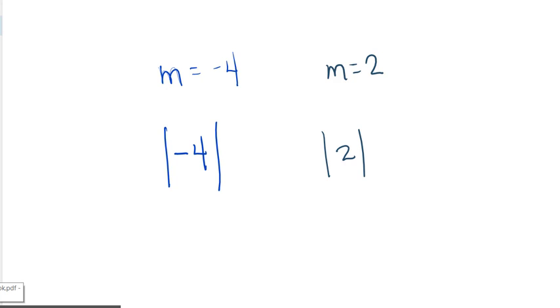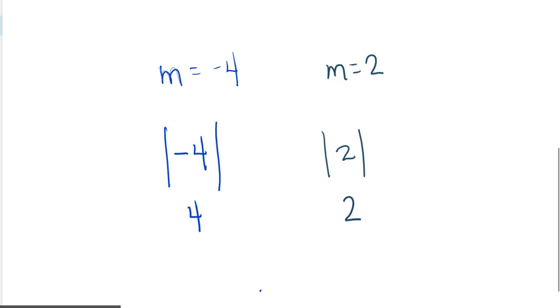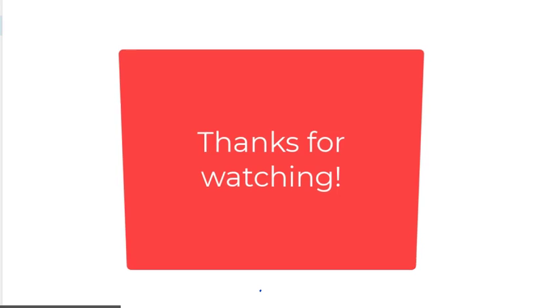And comparing the absolute value of -4, that's 4. And then comparing that with the absolute value of 2, that's 2. Which one has a greater absolute value? That would be this one. Okay? So make sure you're using the absolute value to compare your rates of change.